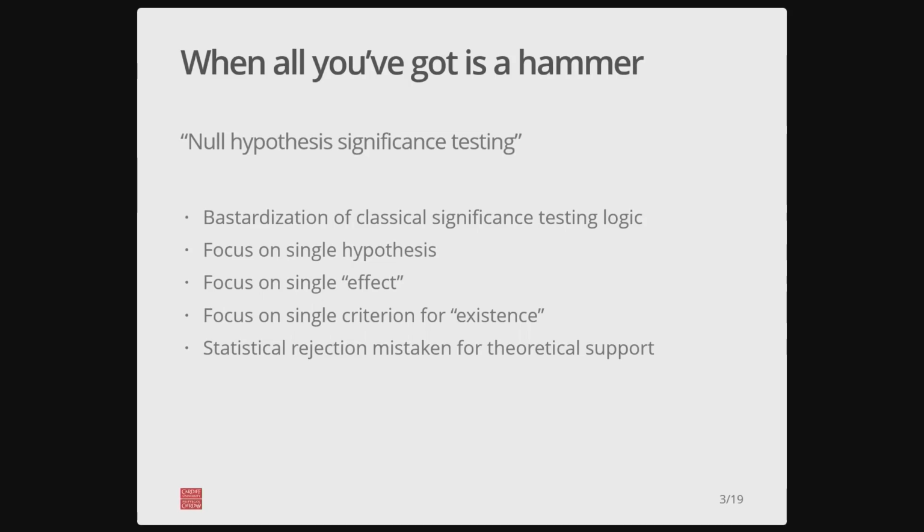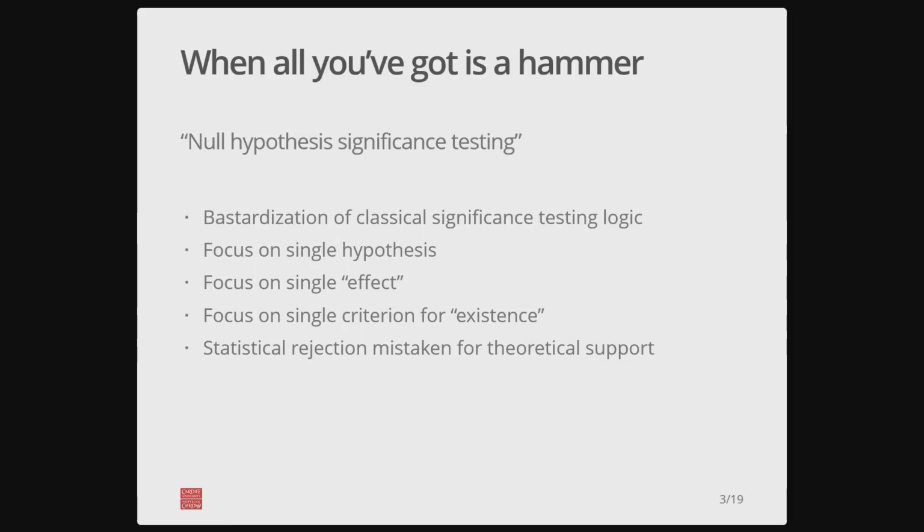So let's talk about null hypothesis significance testing, which we can distinguish from the logic of significance testing proper. It's often abbreviated NHST. This is sort of the scientific hammer that a lot of scientists use in interpreting their data. And it comes from a sort of bastardization of classical significance testing logic, in which you focus on a single statistical hypothesis, a single effect, a single criterion for existence of an effect.